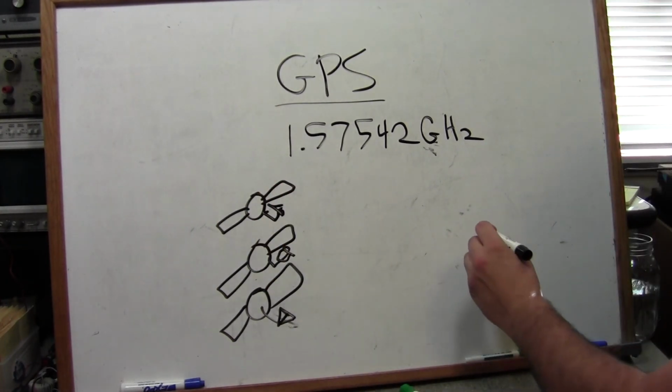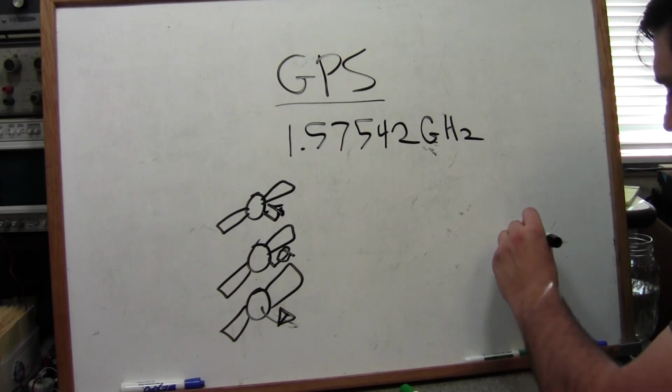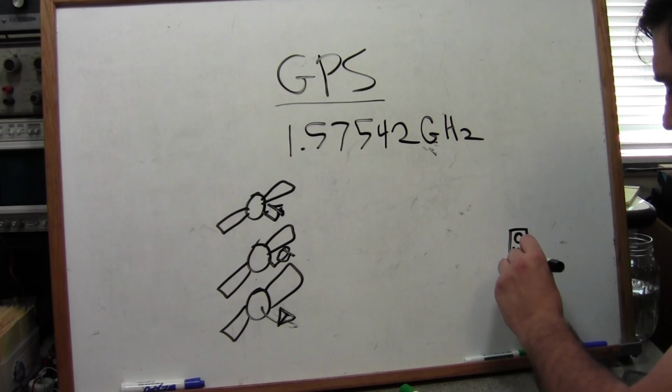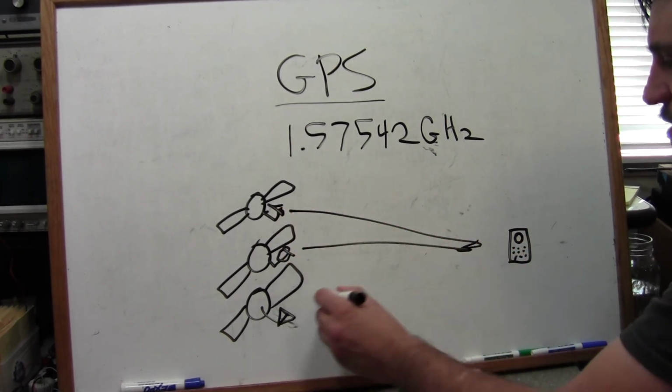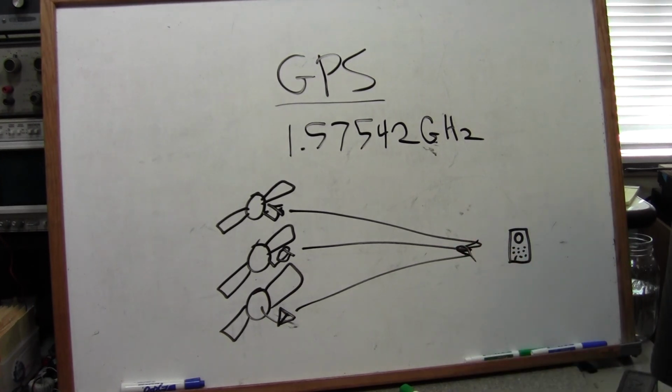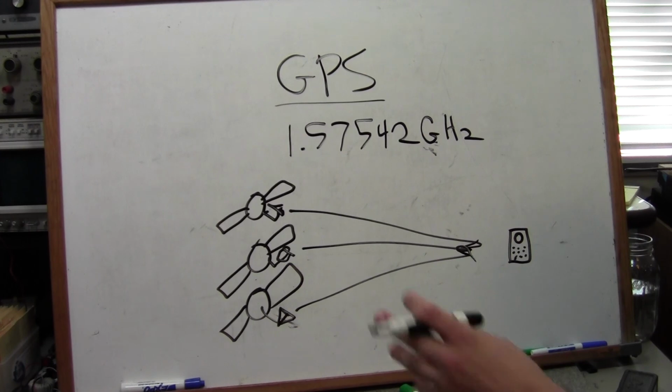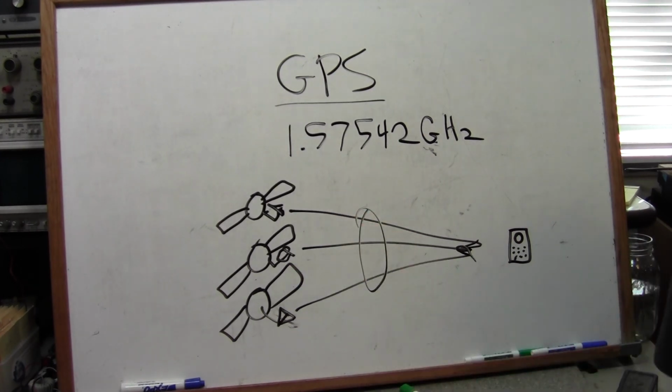So over here we have a device like your cell phone. Cool. And so each of these 3 signals come in to your cell phone on the same frequency. Problem is, your cell phone needs to be able to differentiate between each of the signals to be able to take them apart, get the information out of each satellite, and then use it to figure out where they are.